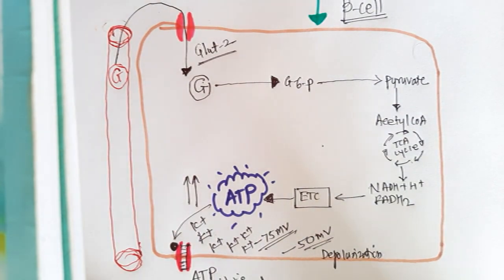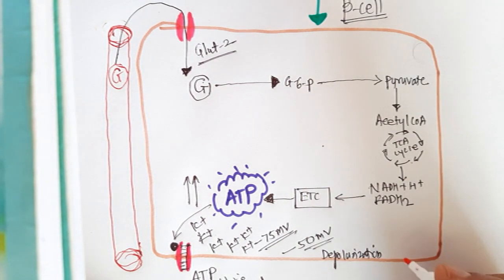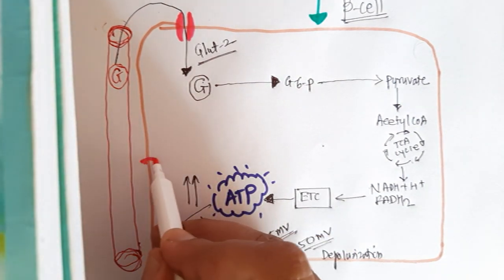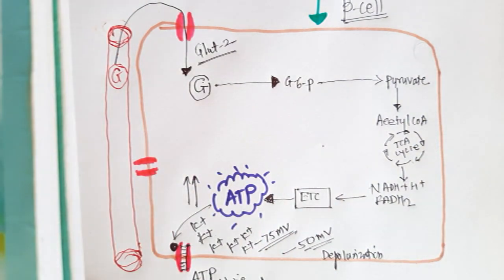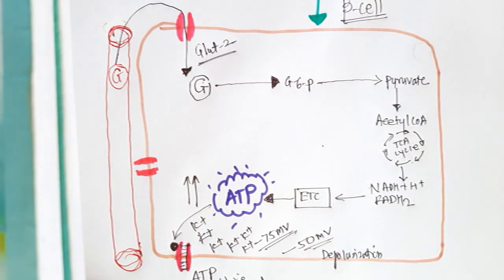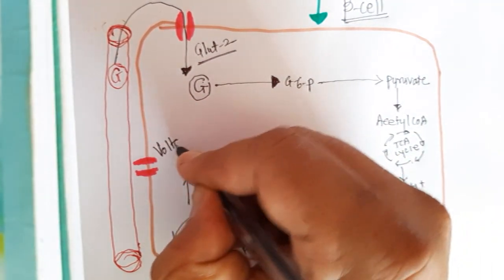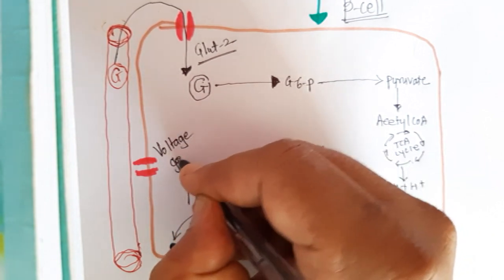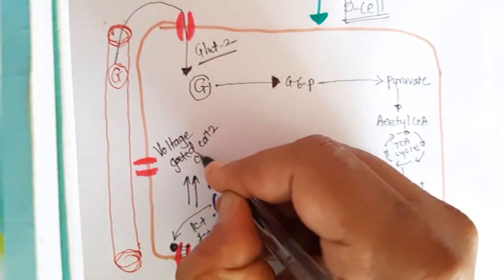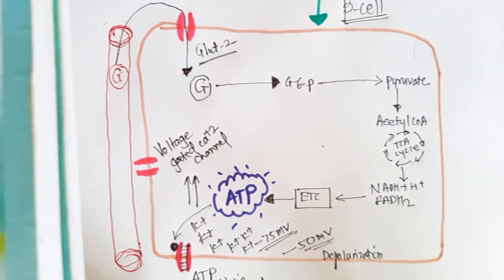Now because of the depolarization, there is one more type of receptor present on this cell membrane. These are called voltage gated calcium channels.